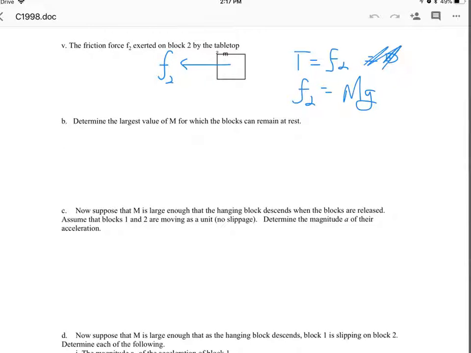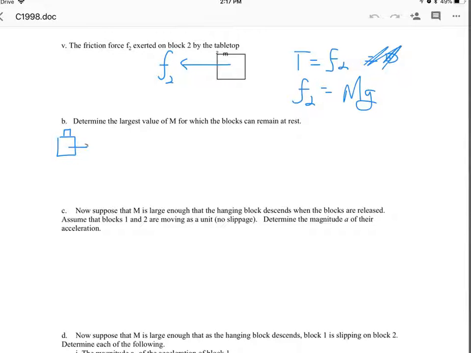However, nothing is accelerating, and the only force that would cause it to move is big mg, and it's not moving because there's friction acting backwards on block 1 and block 2.